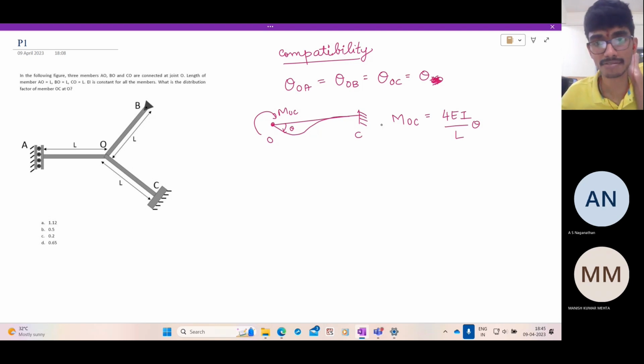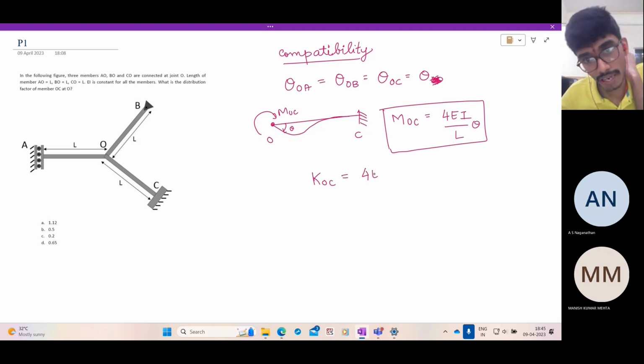But delta is 0, theta C is 0. So it is nothing but MOC is equal to 4 EI by L theta, which means KOC is equal to 4 EI by L. So this is one result.